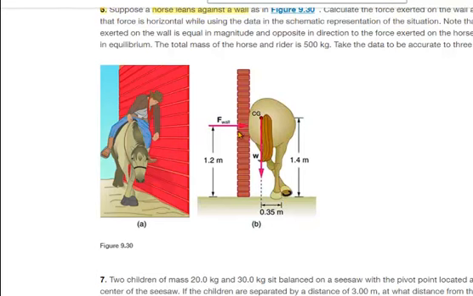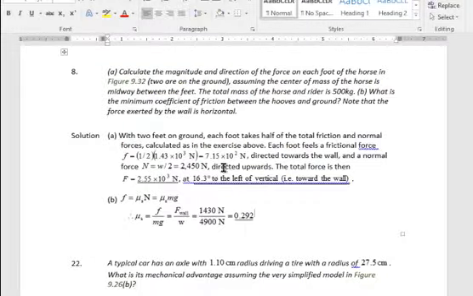So the 1,430 newtons the wall exerts to the right must be compensated by a total of 1,430 newtons from the friction on both feet to the left, and again take half of that, 715 newtons, and that's what they did right here.